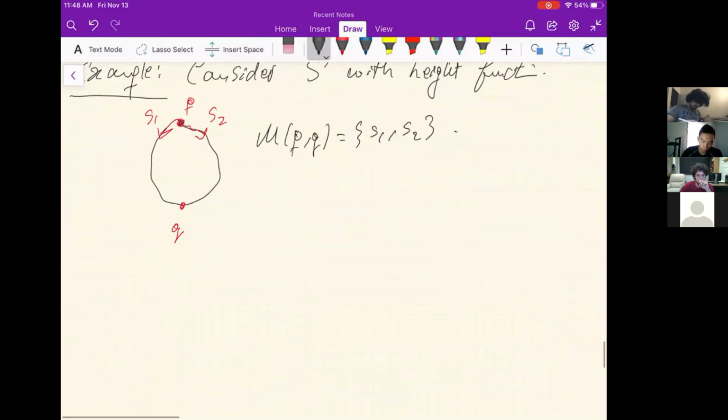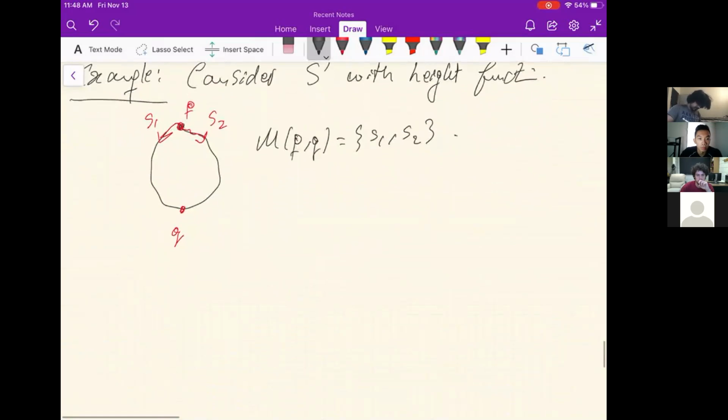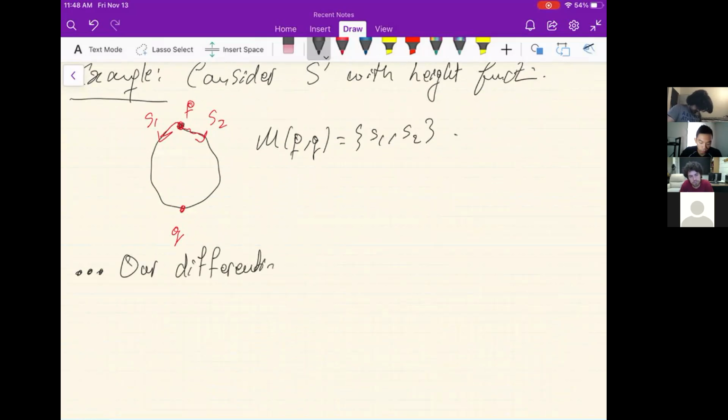Okay, so now we have a sense of what this means. I can talk about the differential map. It goes from the Morse complex, it's a homology theory.